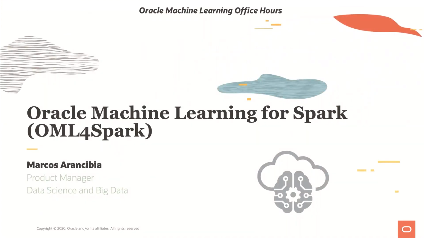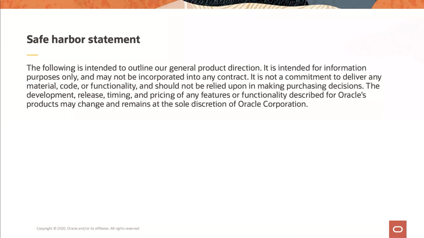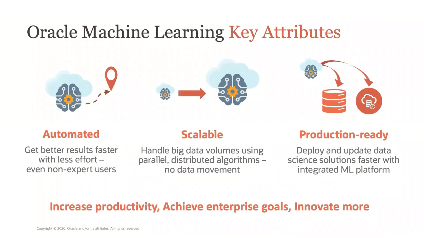All right, so I'll start. First things first, safe harbor statement. Then pretty much across all of our components in the Oracle Machine Learning family, we try to get three very important things. The first thing is automation, trying to make things easier for the end user.